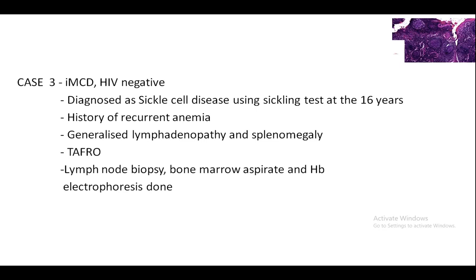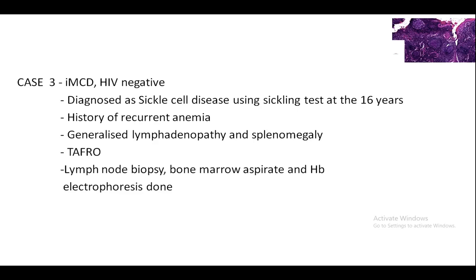The basis for suspecting sickle cell disease was that the patient started presenting with recurrent anemias and a big spleen. So he was being managed as such until this year when he started having recurrent admissions in hospital for enlarged spleen and recurrent anemias.